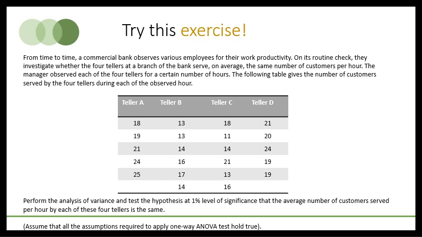This is the exercise I want all of you to do about the ANOVA test. I give you 5 minutes to do the calculation and test the hypothesis at the 1% level of significance. Best of luck.